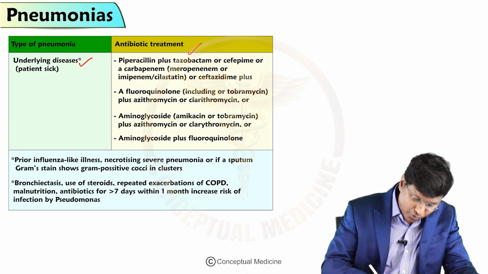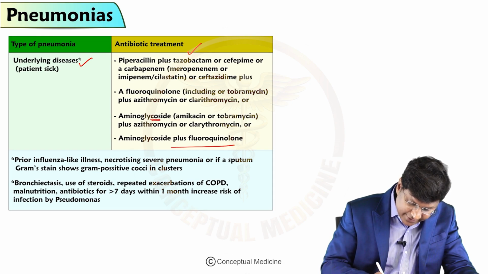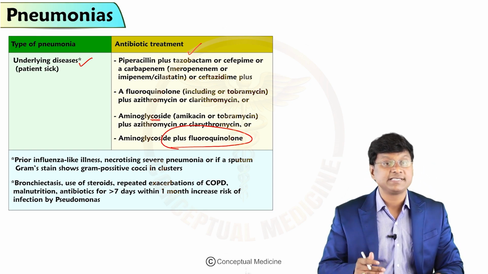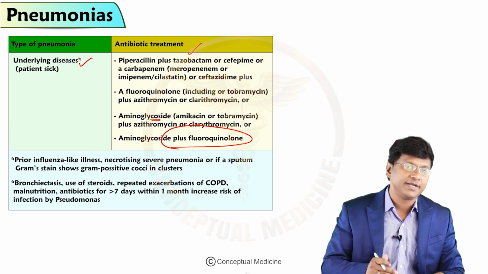Okay, and a fluoroquinolone should be included. Aminoglycosides intravenously should be given, or aminoglycosides plus fluoroquinolone should be added. So this is when the individual is having an underlying risk factor or comorbidity.